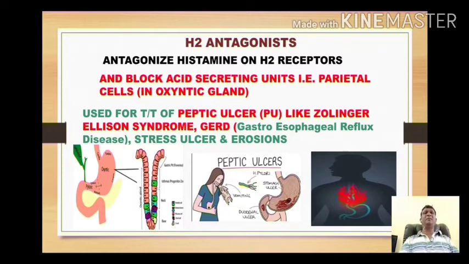As I mentioned in my previous lectures, the H2 antagonists are those chemical compounds which antagonize the action of histamine on H2 receptors. These compounds block the acid secreting units, which are nothing but the parietal cells present in the oxyntic glands in the stomach.